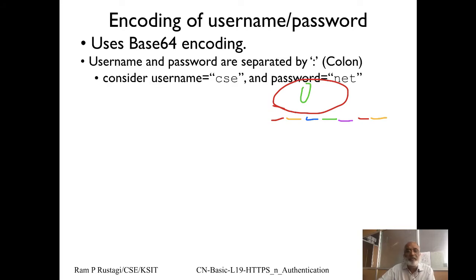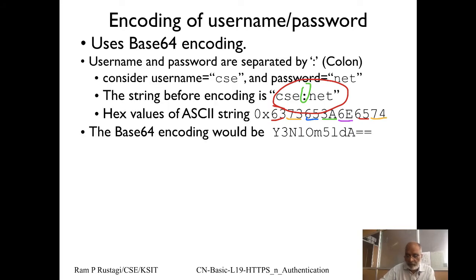Let's see the CSE conversion into binary. We've already seen that CSE corresponds to capital Y, 3, and N, l. Now look at colon and E, which is basically 3A, 6E, 65, which would give us the next 4 letters.